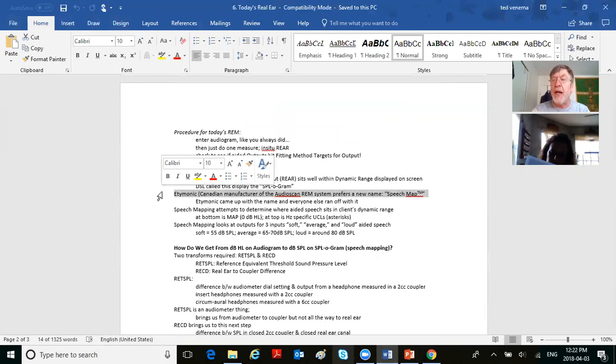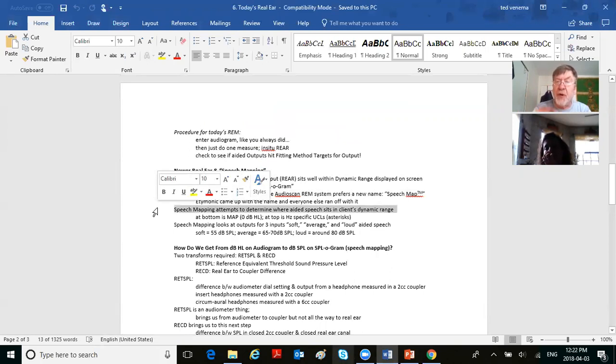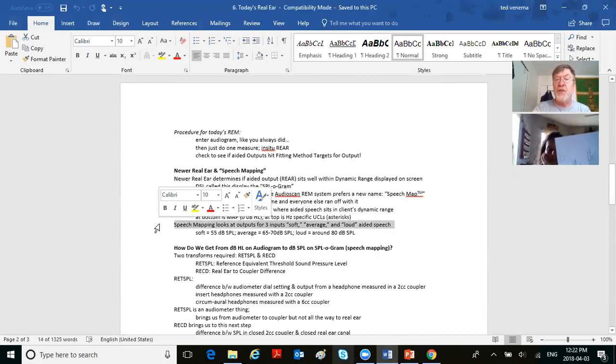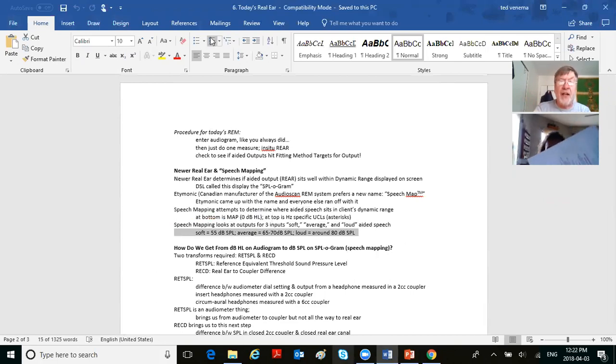So SPLogram, speech map, same thing, synonyms. Speech mapping attempts to determine where aided speech sits in the listener's dynamic range. At the bottom is MAP, at the top is UCLs. Speech mapping tends to look at outputs for 3 inputs: soft, average, and loud.